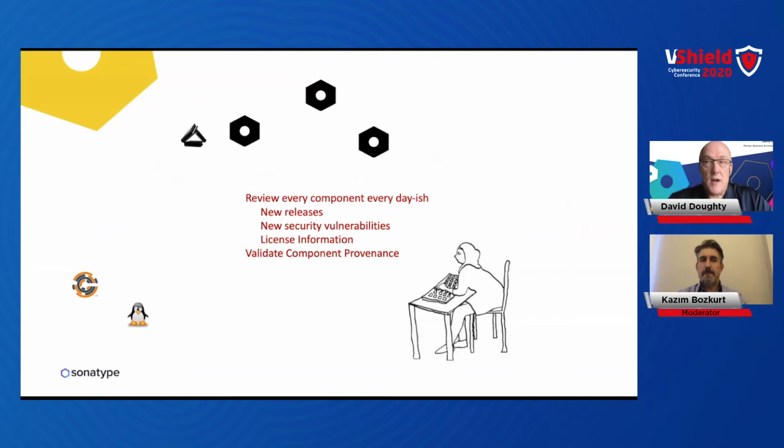So, given that we're now using open source commonly across the development of our applications, there is a need to review those components for new releases, new security vulnerabilities, to understand the license information associated with them, and to validate the component provenance, so you know that you're actually consuming components from a trusted source.